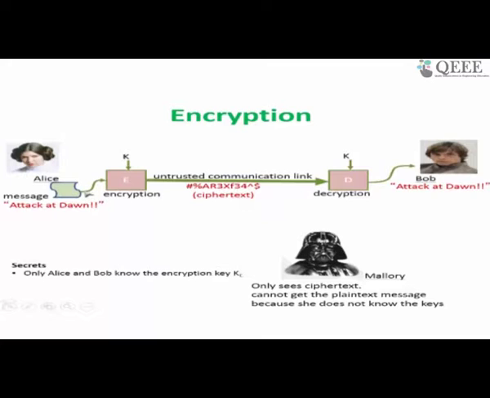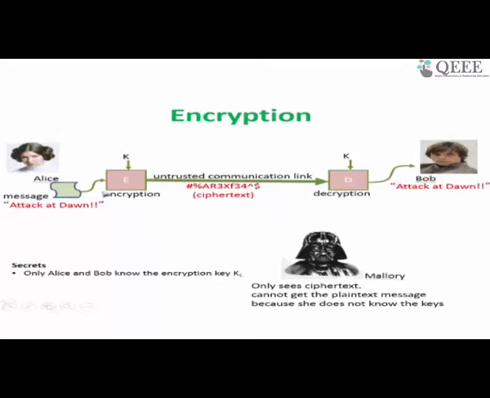One is the message that Alice wants to encrypt, and the other one is a secret key, which is shown over here as K. Now this secret key is such that only Alice and Bob have knowledge about it, and Mallory does not have any information about the secret key.